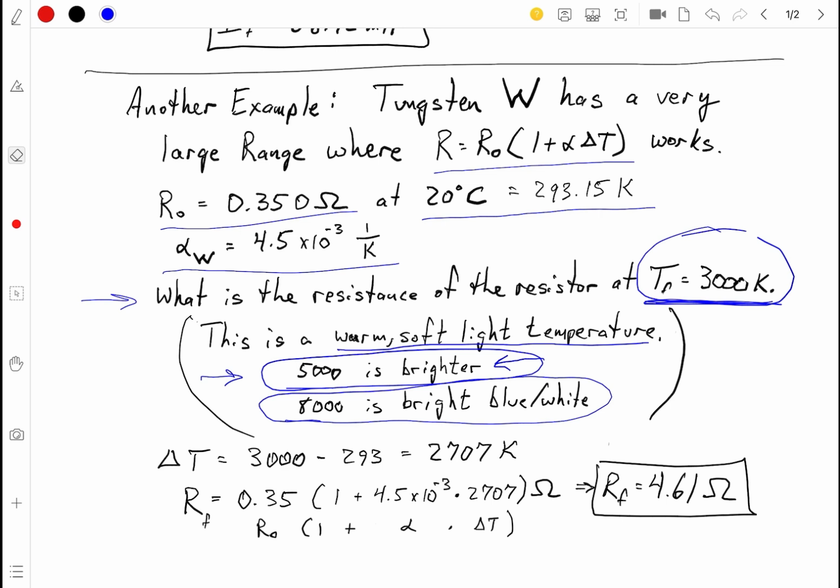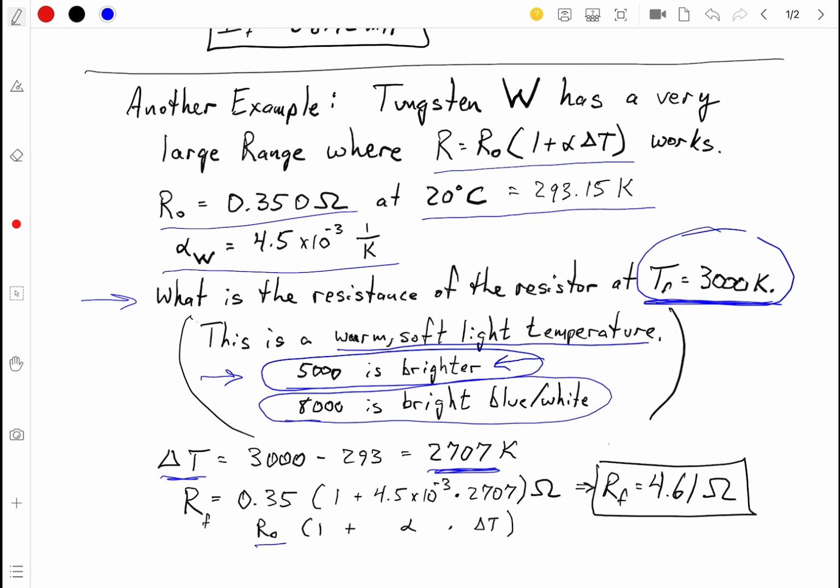So we want to get up to 3,000 Kelvin. That's our final temperature. So we're going to figure out our delta T. Well, that's 2707 if we take 3,000 minus 293. We're going to plug those numbers into our equation.